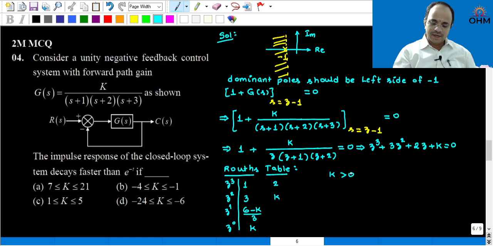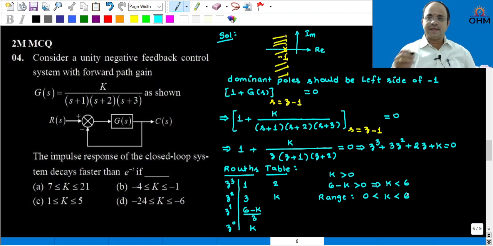K should be greater than 0 and 6 minus K should be greater than 0. In other words, K should be less than 6. Therefore, you can define the range for K as 0 less than K less than 6.